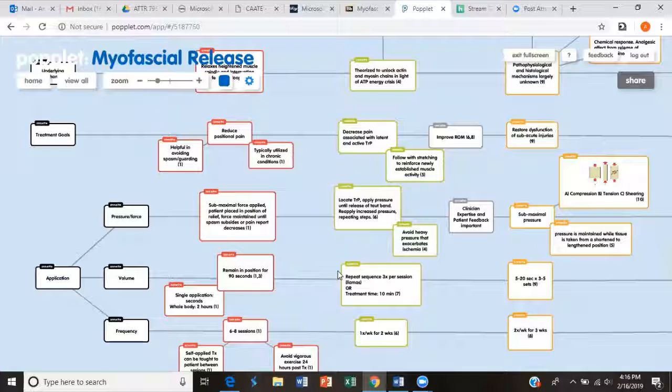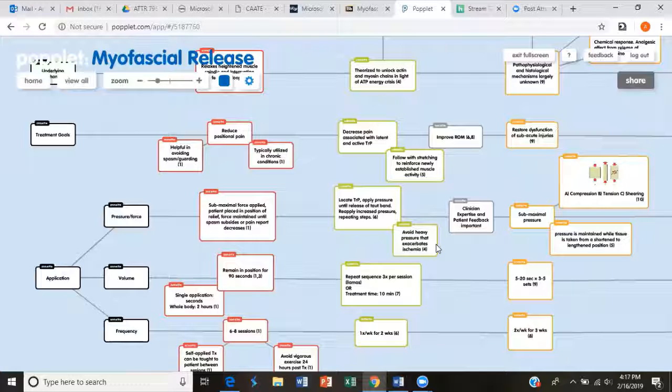This takes a lot of clinical expertise, as you can see here. I wrote that the main thing is to avoid heavy pressure that exacerbates ischemia. We do not want to contribute to the ATP energy crisis, which, if we block blood flow, could happen.